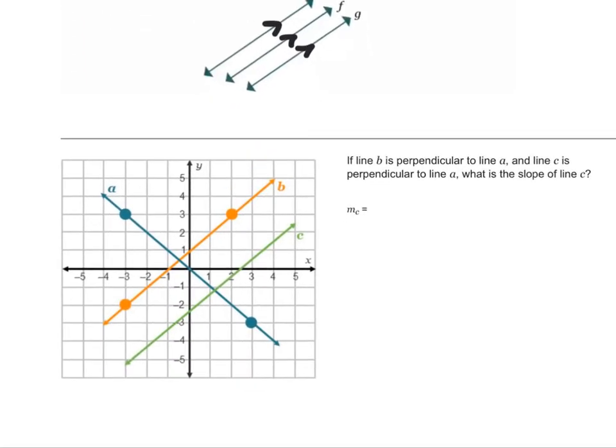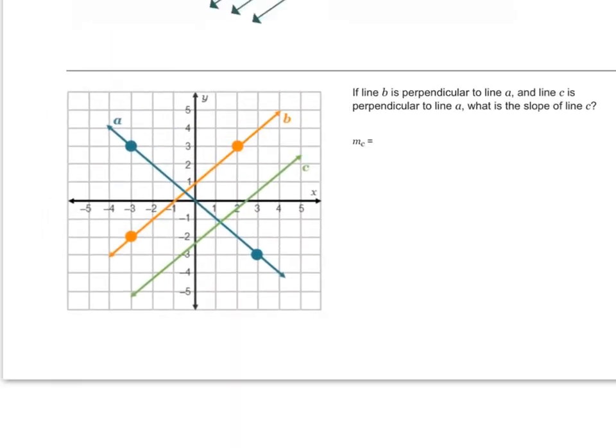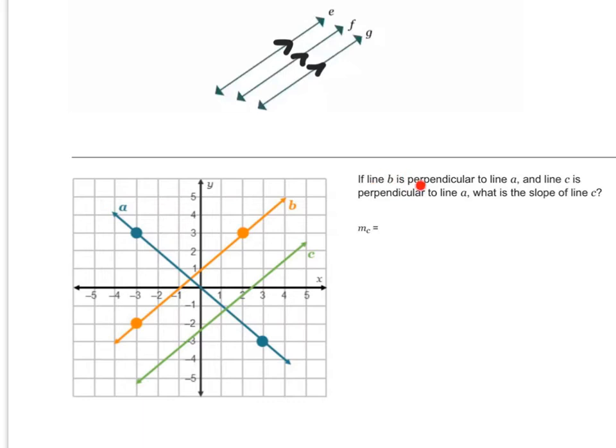So it says, over here on this last one, if line B is perpendicular to line A, here's line B and line A, and line C is perpendicular to line A, what is the slope of line C? The slope of line C is the same slope as line B. If we find the slope of line B, I'm going to go up and over, so this is a slope of up 5 and then over 5.